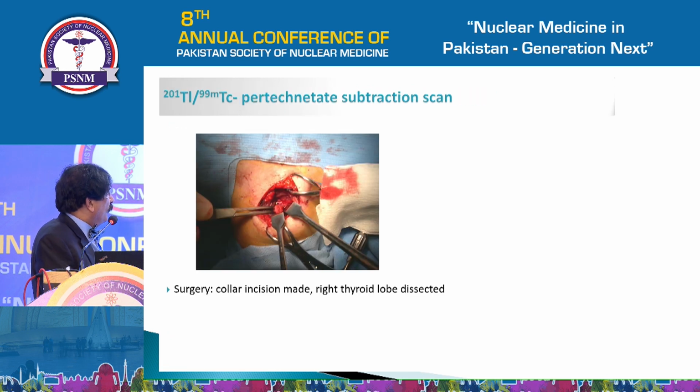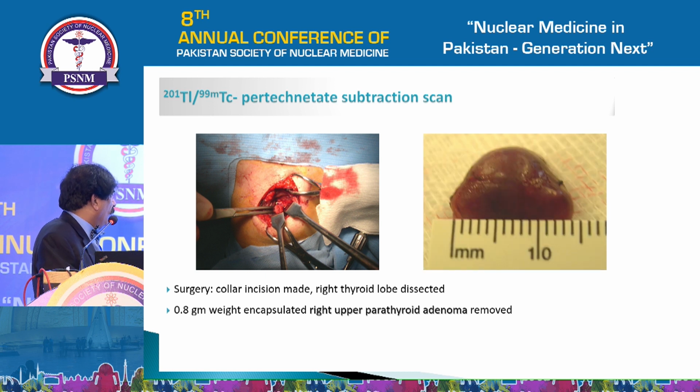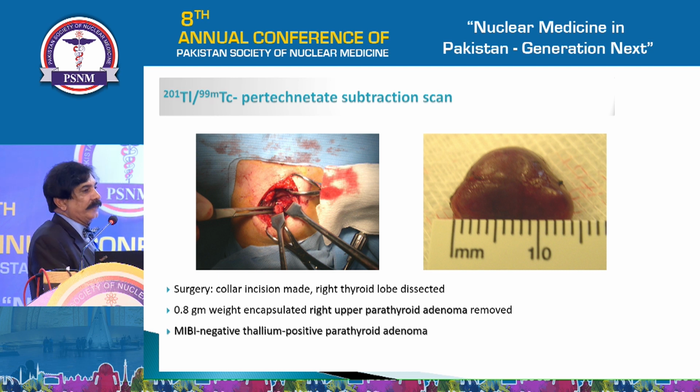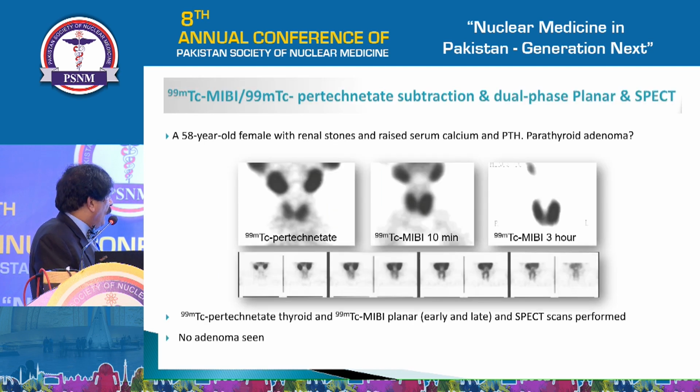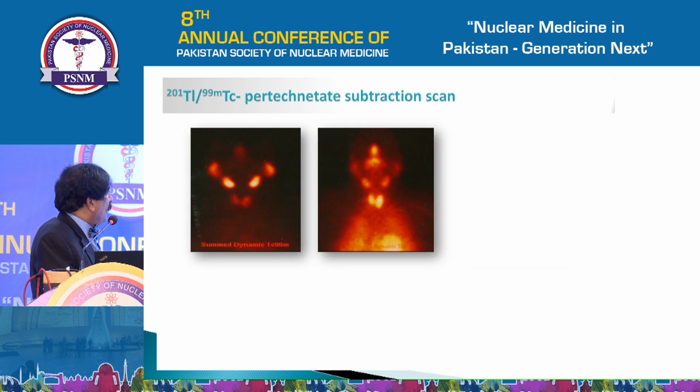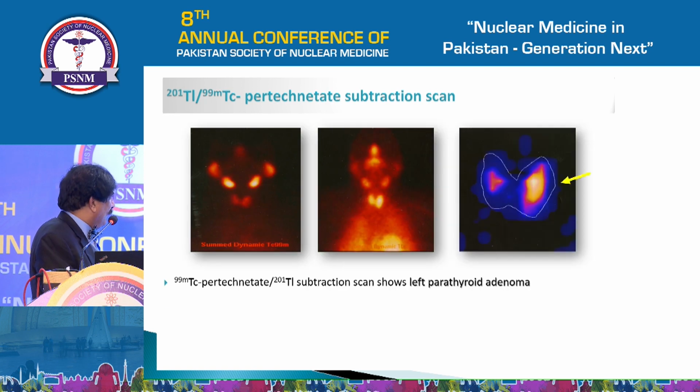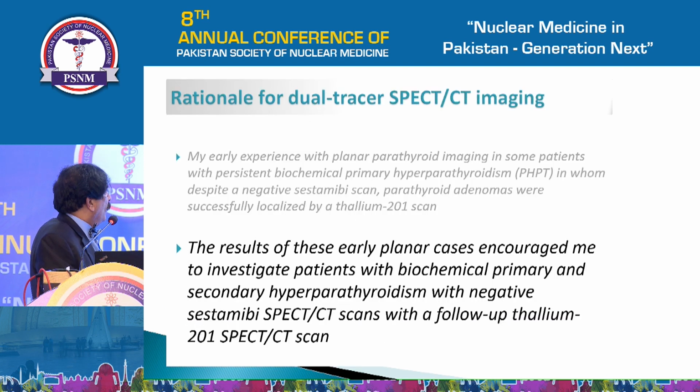This patient was taken to surgery, and we successfully took out a right upper parathyroid adenoma. So it's a case of a negative MIBI, thallium positive parathyroid adenoma with no P-glycoprotein expression. Another case, again, no adenoma was seen, but it was seen on a subtraction scan here.